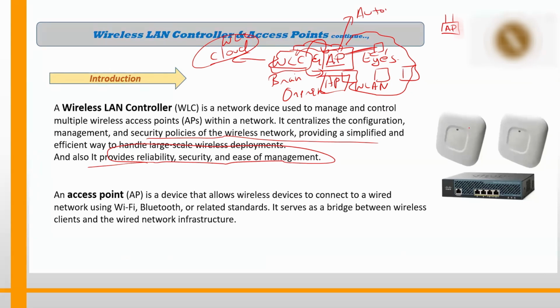Okay, when an access point is managed by the WLC, that access point is called a lightweight access point. When the access point does not connect to the WLC and it works independently, then it is called an autonomous AP.